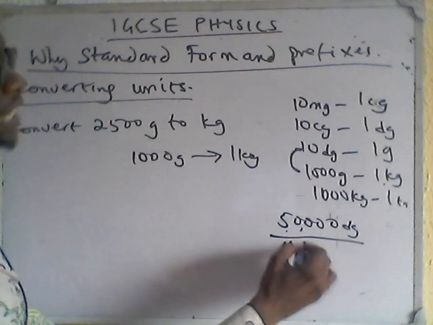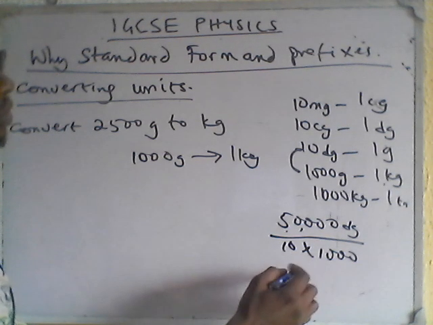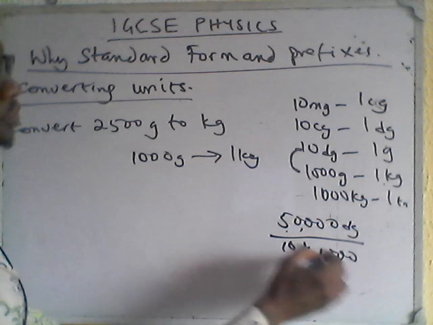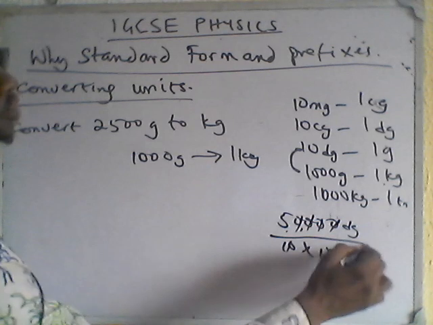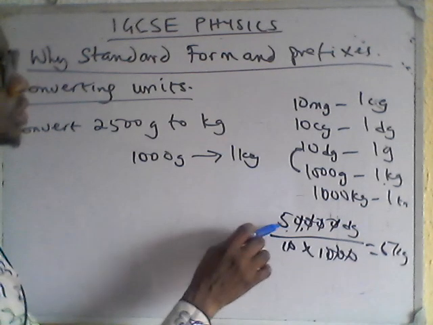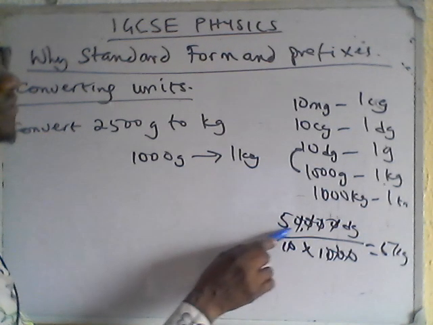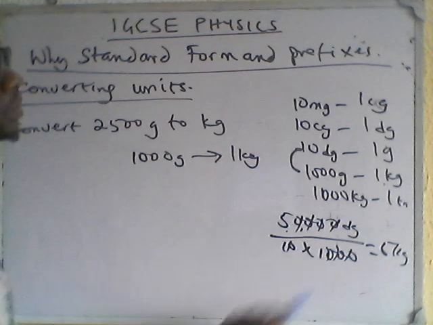So 10 times 1,000. You understand? Whatever you get by the division, what you have is 5 kilogram. So 50,000 decigram make 5 kilogram.